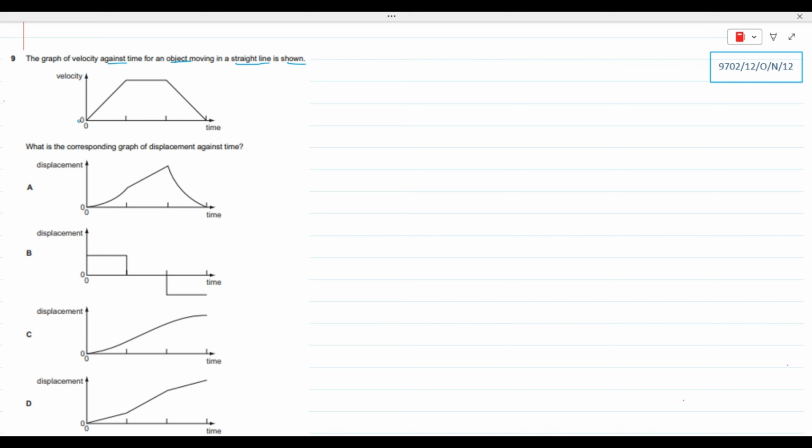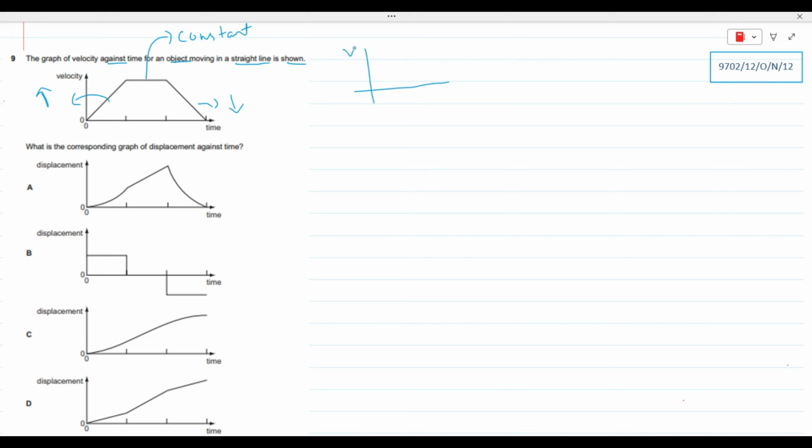So here, velocity is starting at zero. So starting from rest, velocity is increasing here. At this point, velocity is constant. And here, velocity is decreasing, right?